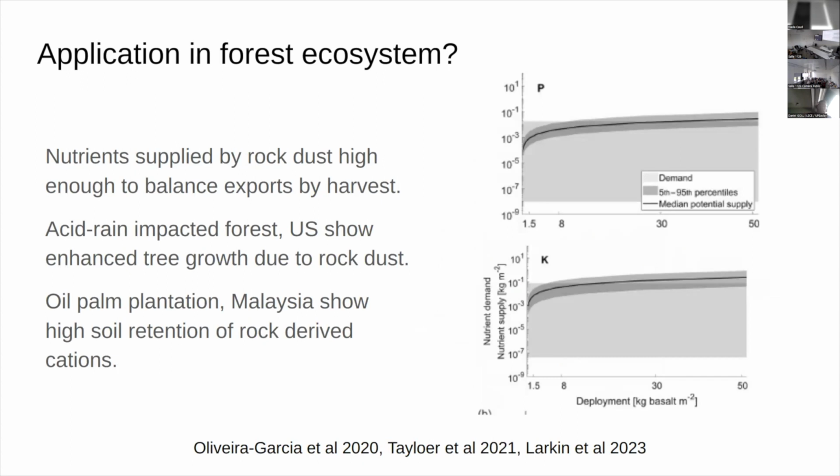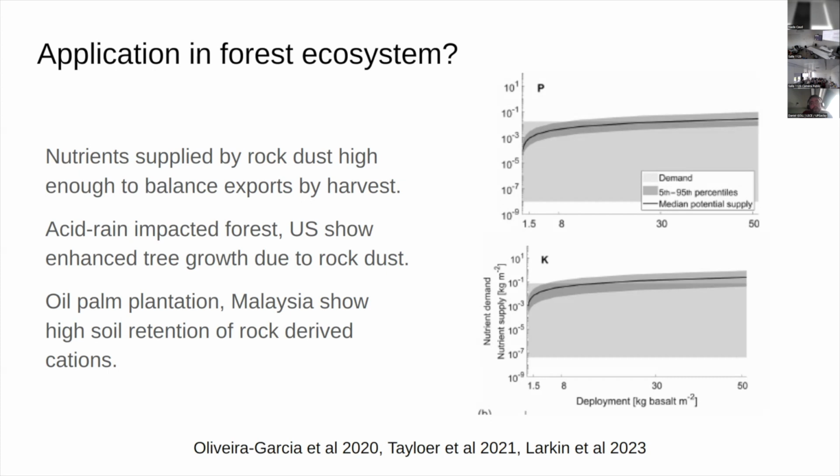But what about application in forest ecosystems? You know, there's only a given area of cropland. Can we also apply rock dust into forest ecosystems? Here you see results from studies from colleagues in Hamburg, where we looked at how much phosphorus is being exported in forests in the US by timber, by harvest of wood.